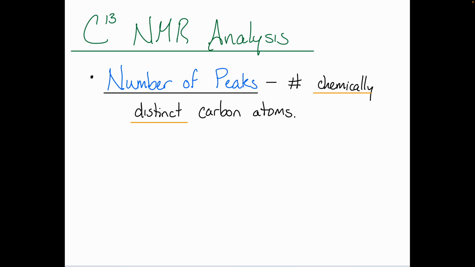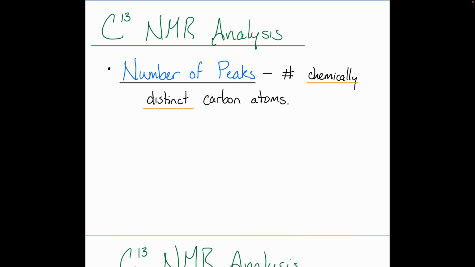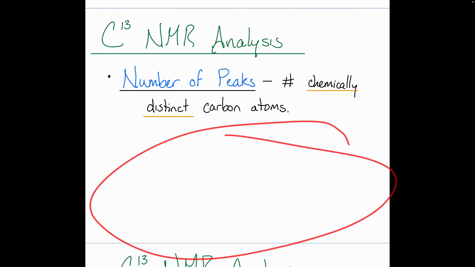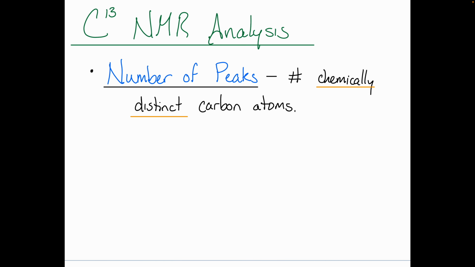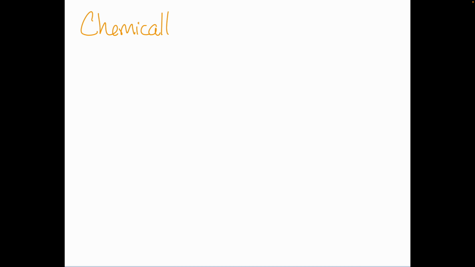All right, I'm going to leave some room here. We're going to talk about other ways that we analyze our carbon-13 spectrum, but let's just start picking this apart here. What do we mean by chemically distinct atoms?